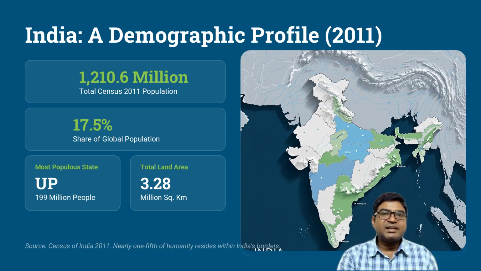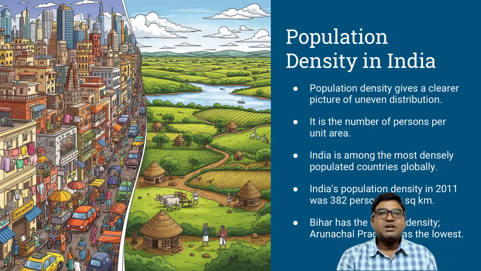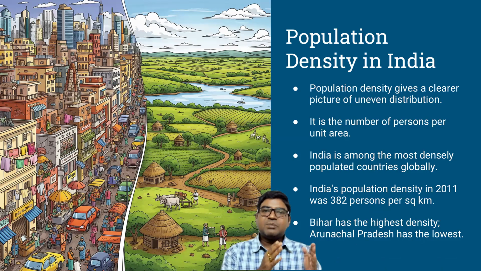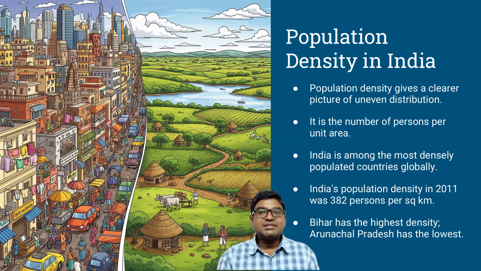So, the larger in the region, the state with highest population, the total percentage of the global population, what we have seen. Now, how is the population density in India? If you look at the concept of density, what is density? We said population density. Population density gives us a clear picture of uneven distribution.